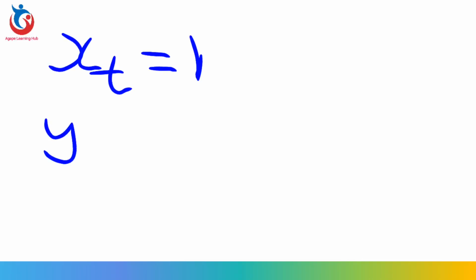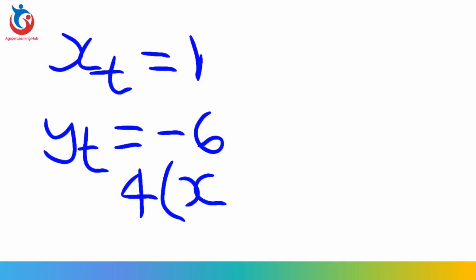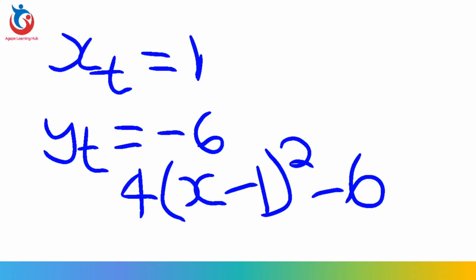What did you get for k? Negative 6. So do the next step now, which is to equate this to 0 and solve.